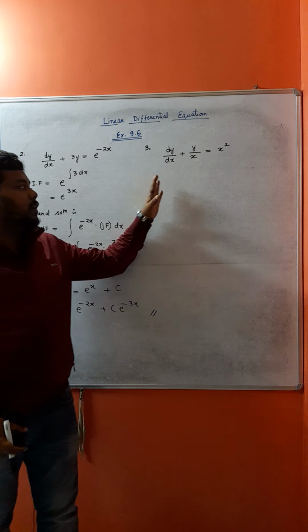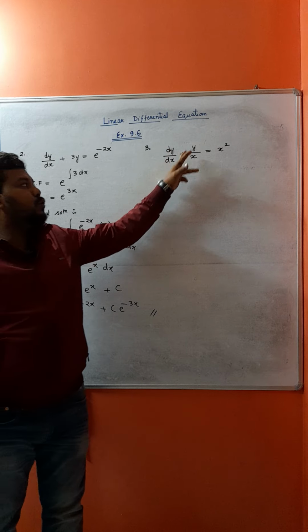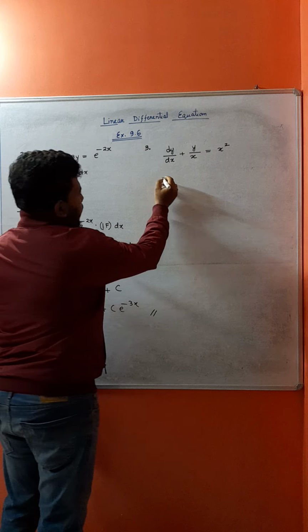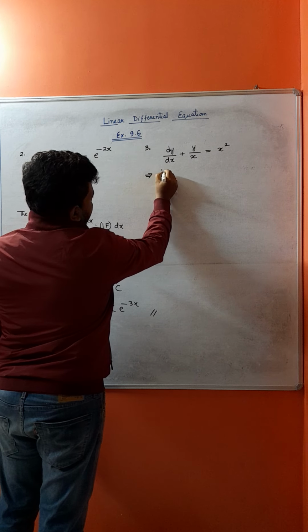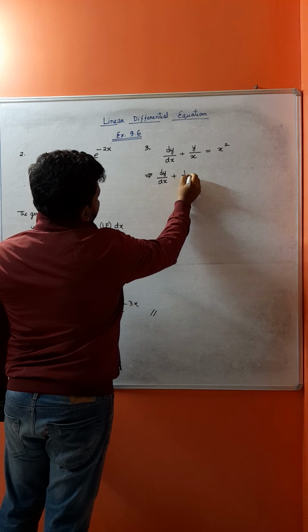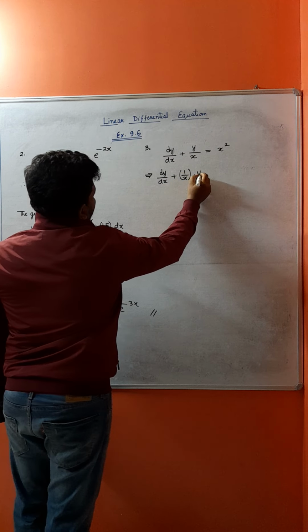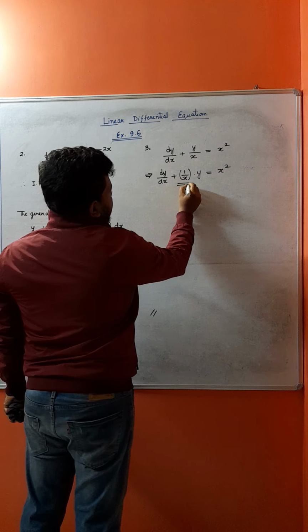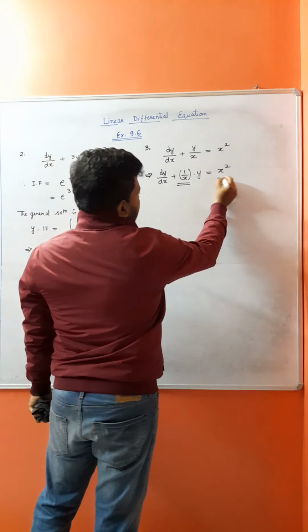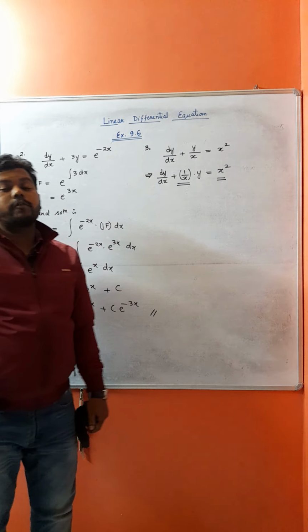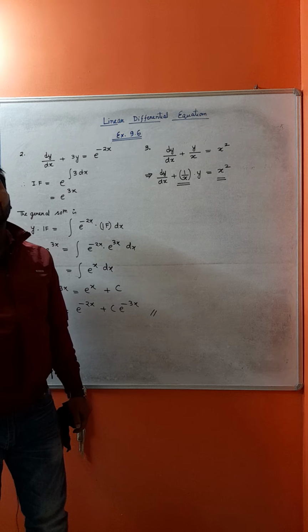Now question number 3, dy by dx plus y by x is equal to x square. Again try to identify the values of p and q. So we get dy by dx plus 1 by x into y, and q is equal to x square. Clearly p is equal to 1 by x and q is equal to x square. I already said, p and q are functions of x alone or constants.